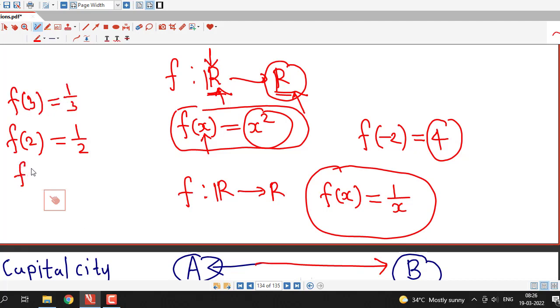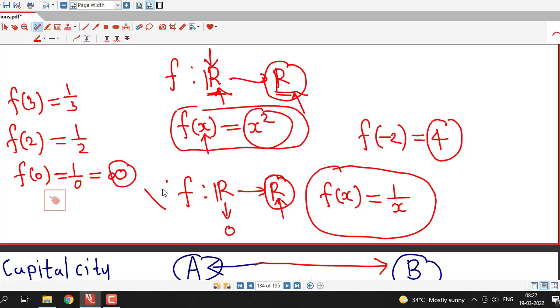But if I consider x equal to 0, I obtain 1 by 0, which goes to infinity. So it is not a finite real number. So for x equal to 0 there is no element in the codomain, and x equal to 0 cannot be assigned to any element from this set.